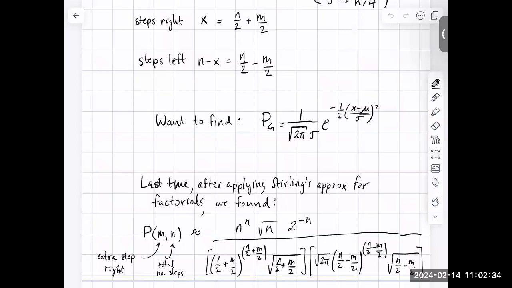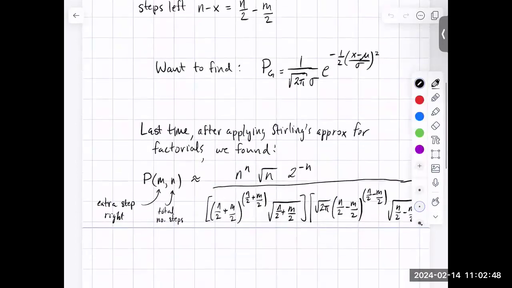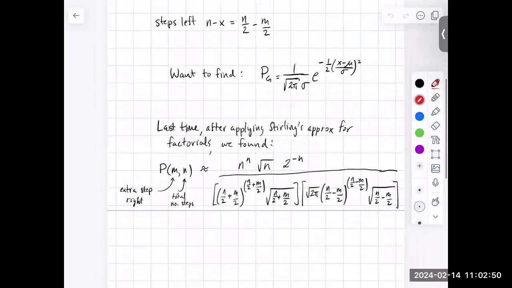And that's what brought us here. We're going to do some more little manipulations here, and we should be able to get this done today.